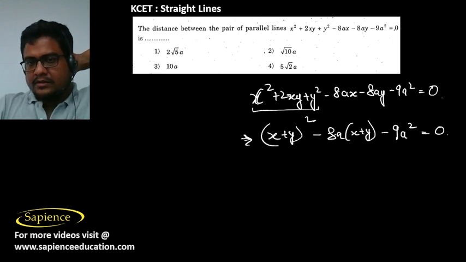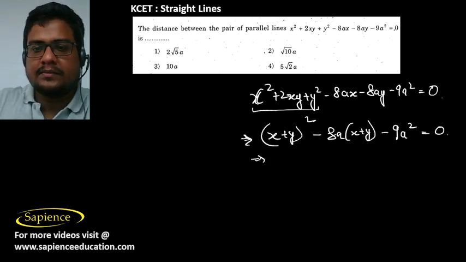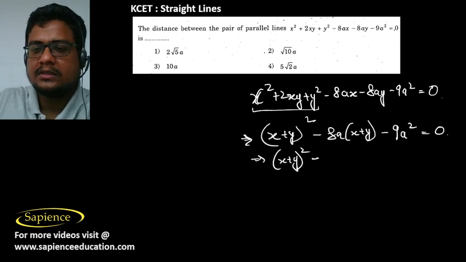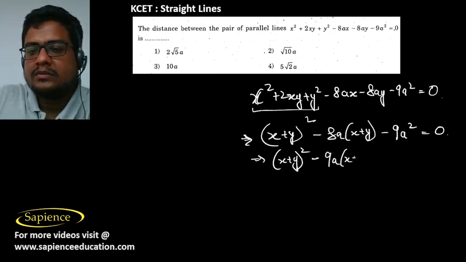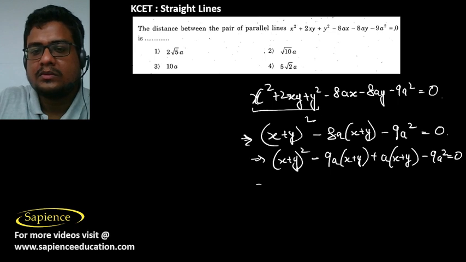So if we factorize it, we will get (x plus y) whole square minus 9a into (x plus y) plus a into (x plus y), minus 9a square.